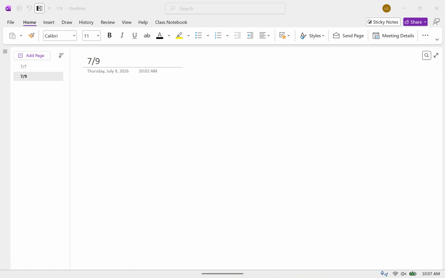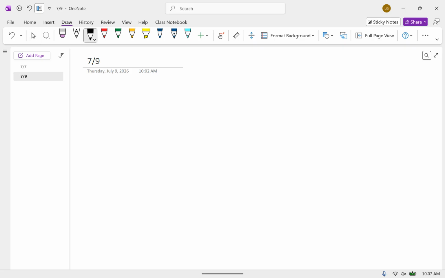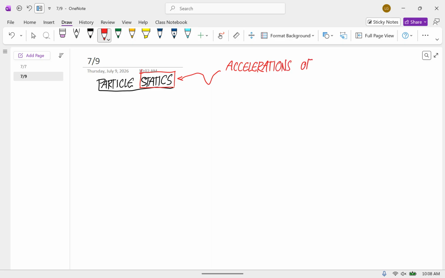Okay, so we're getting into particle statics. And the statics part means that accelerations of the body's center of mass are zero.